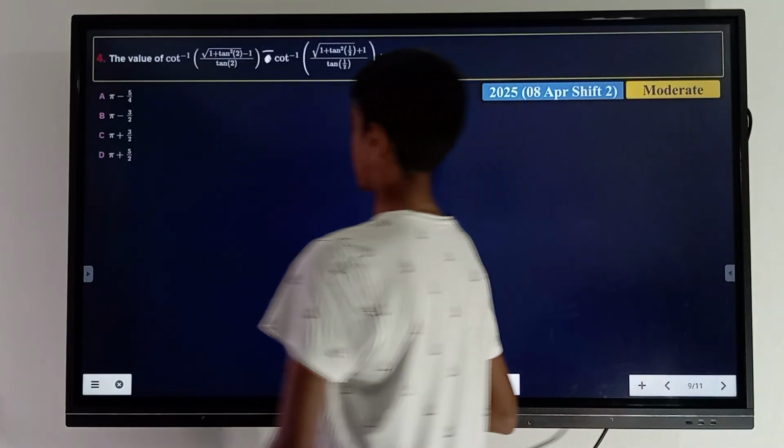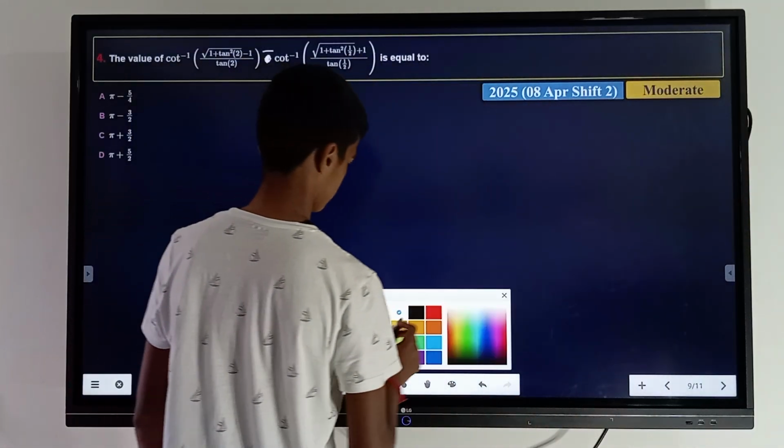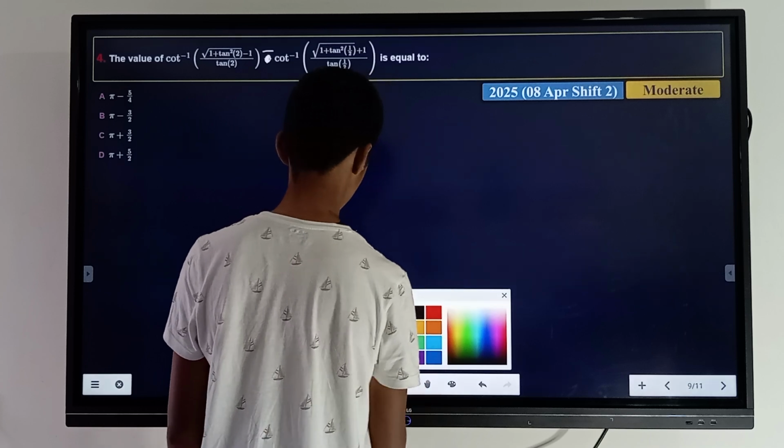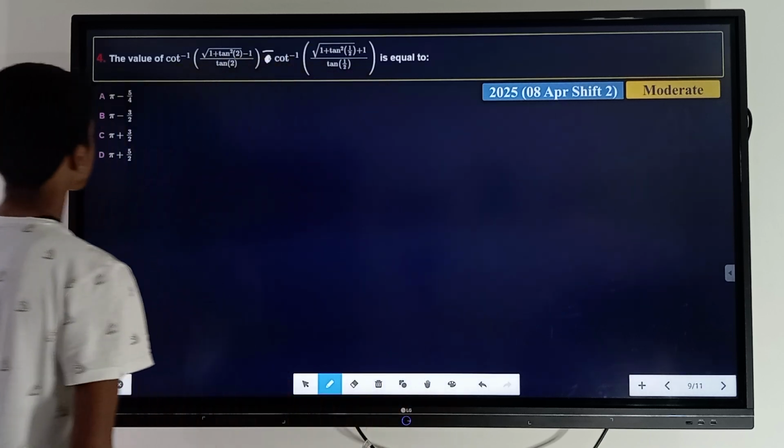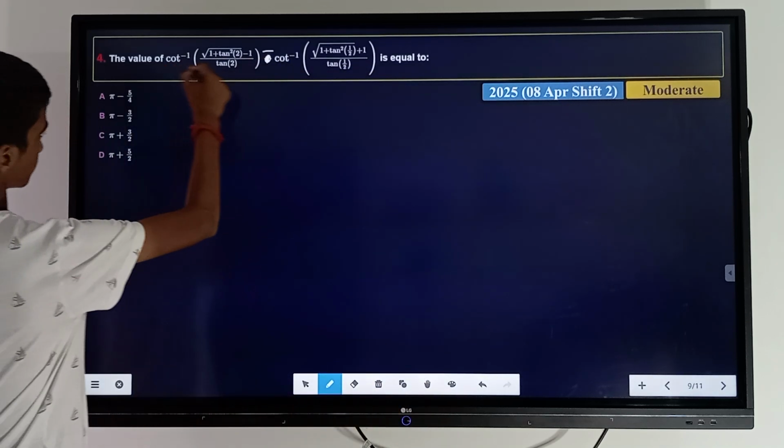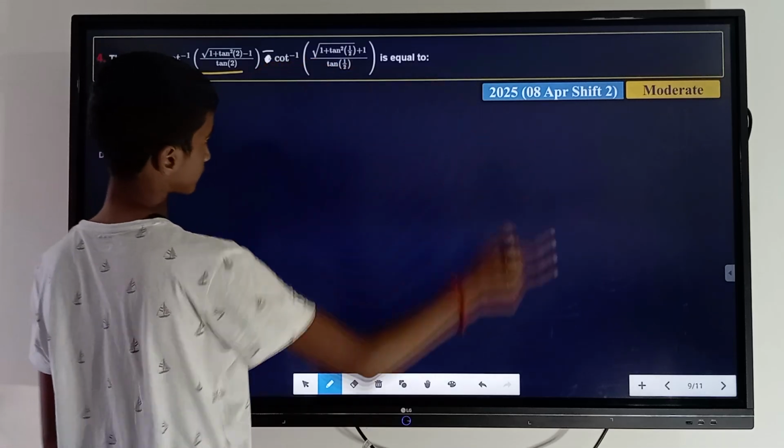Here is our next question. In this question, we have to find the value for this expression.